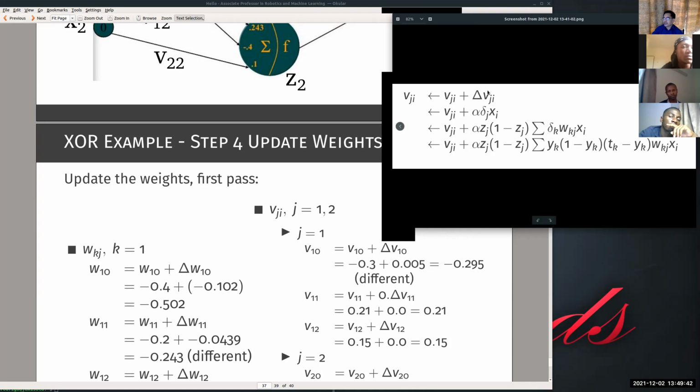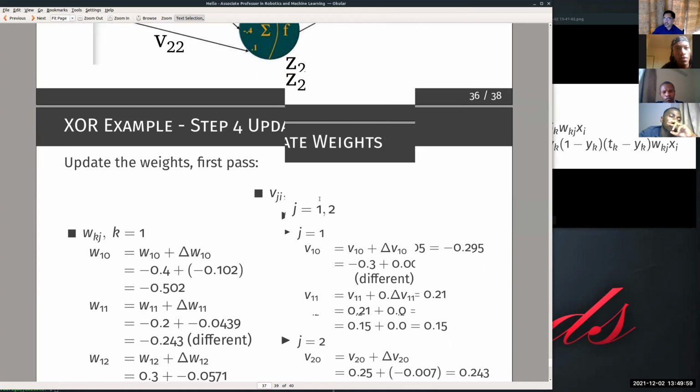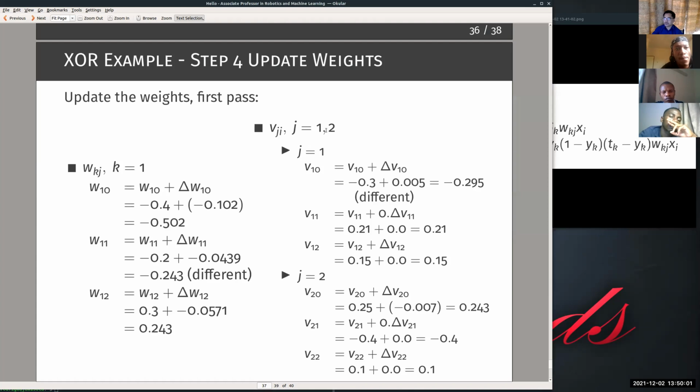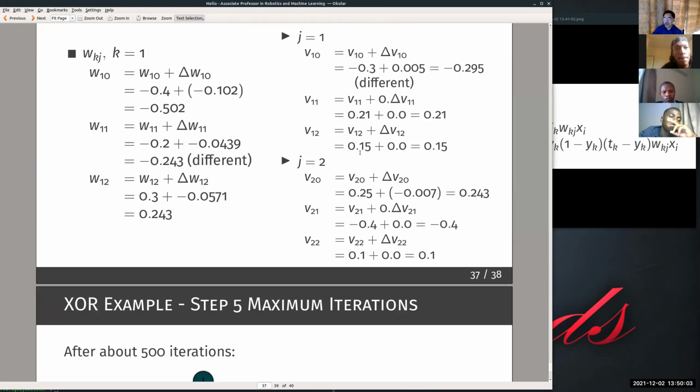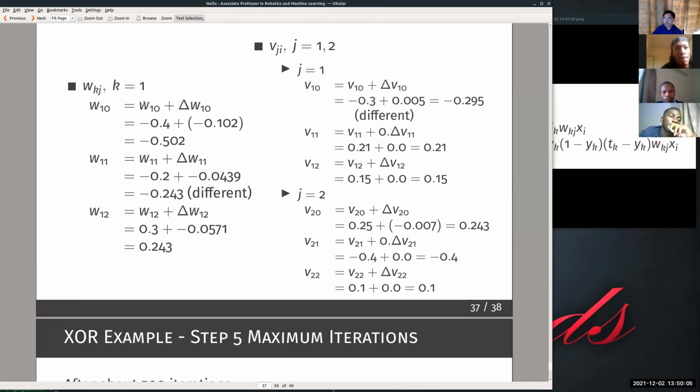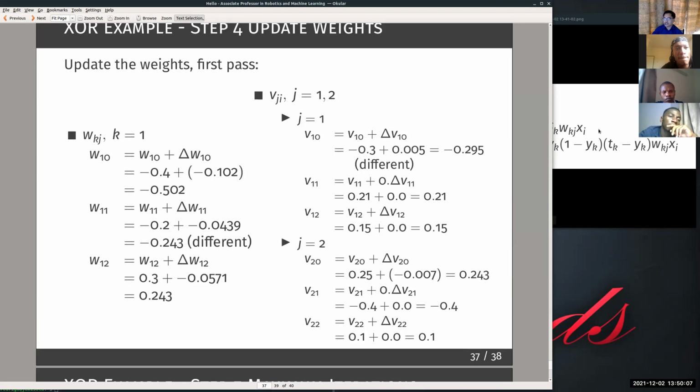So now it will be dependent again on this delta V. Your current V, then we correct it with a delta V value, V_ji. So your j goes from 1 to 2, and then your i is just equal to, in this case here.